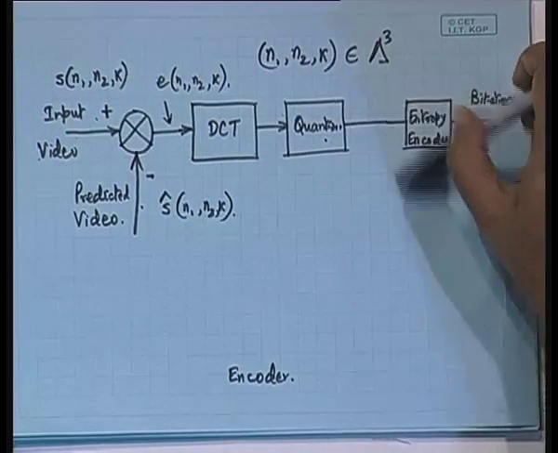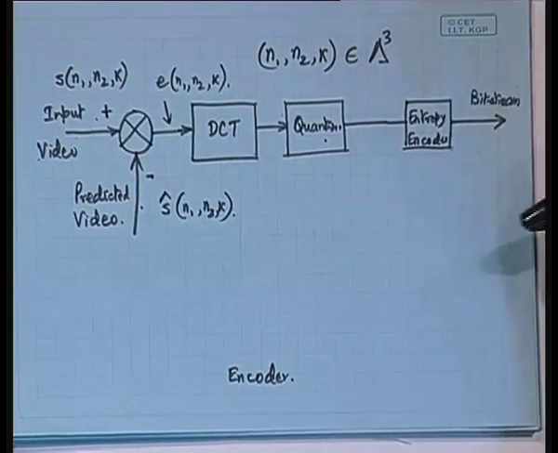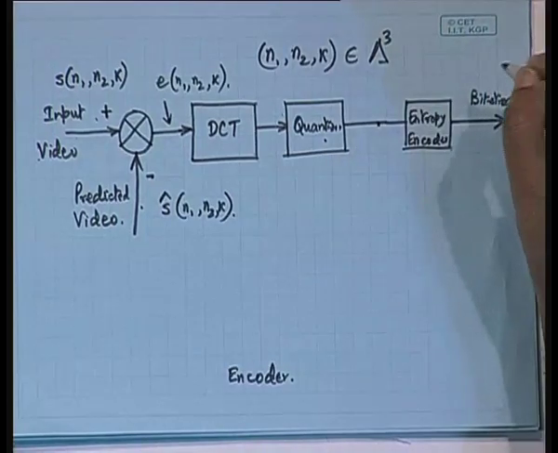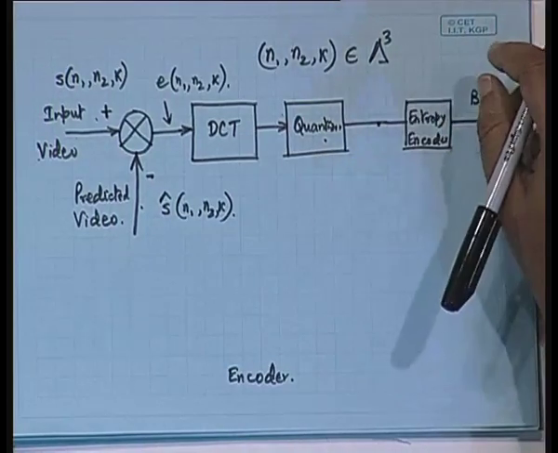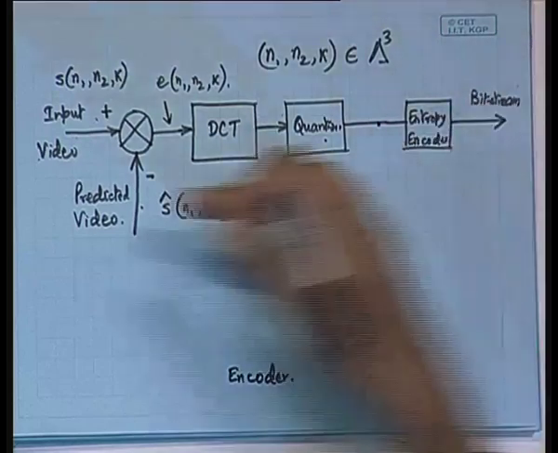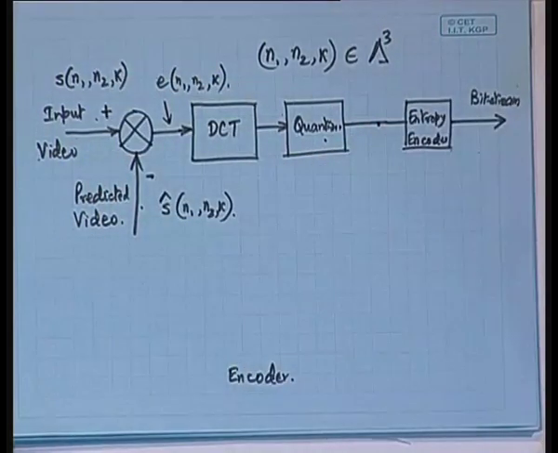Why do you have to derive the signal from here? Because after all, you have to derive it from this point, from the quantizer. Well, the encoder can do that, but can a decoder do that? No, because the decoder does not have this input video information anymore.